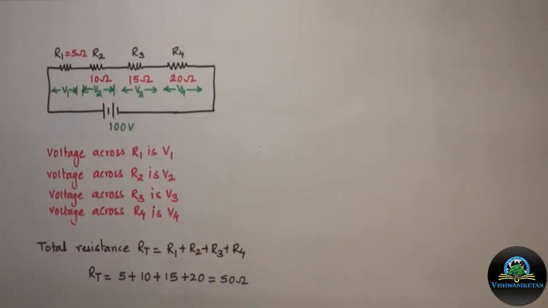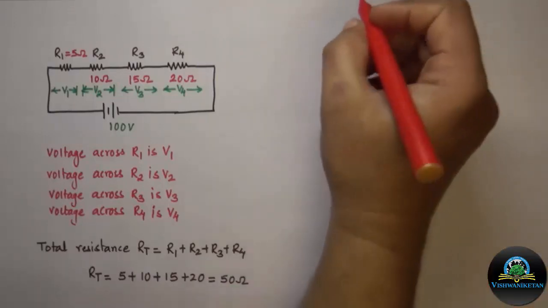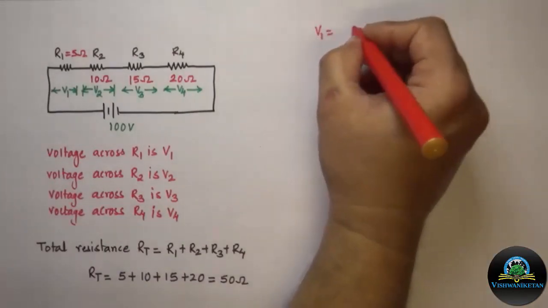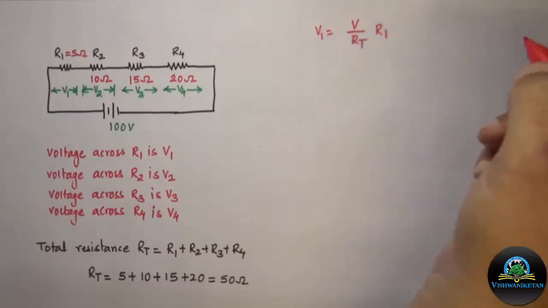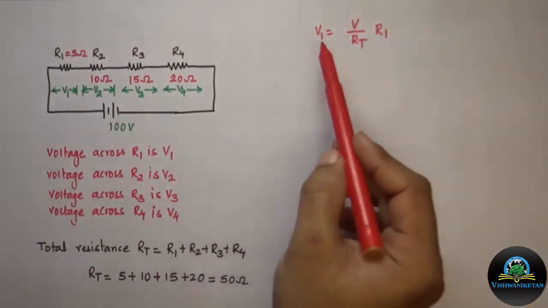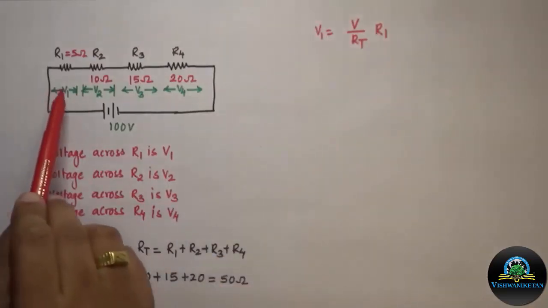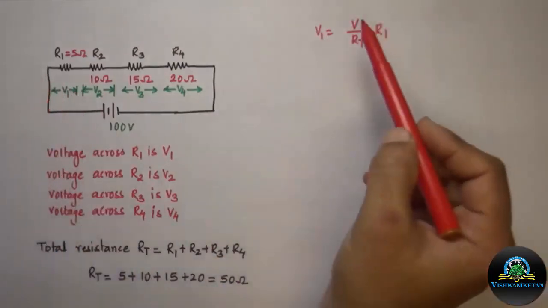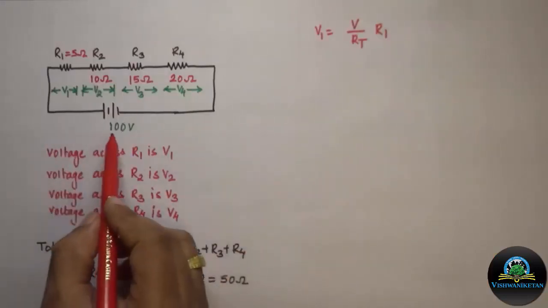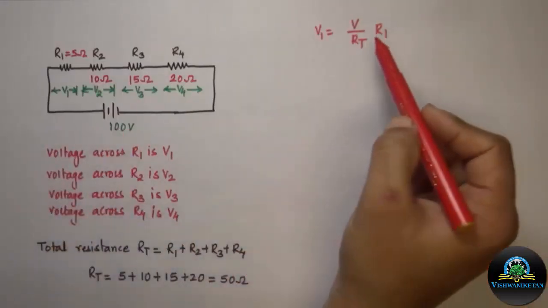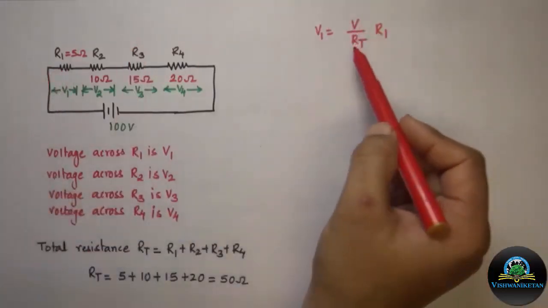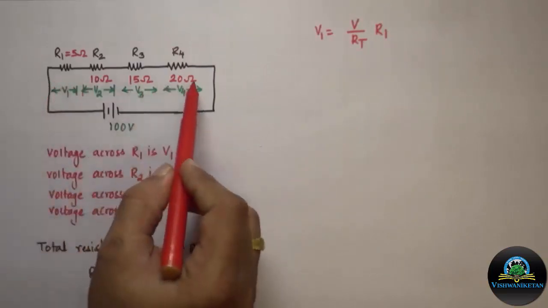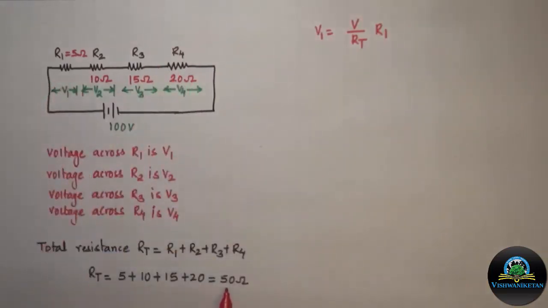Therefore, we can write down the equation of V1 from voltage divider rule as V1 is equal to V divided by RT into R1, where V1 is voltage across R1, V is supply voltage or source voltage, R1 is the resistor R1, and RT is my total resistance, which we have calculated as 50 ohm.